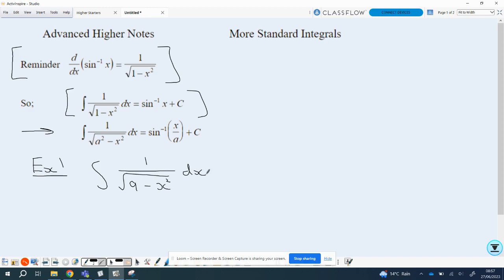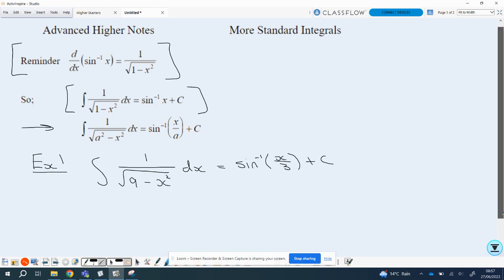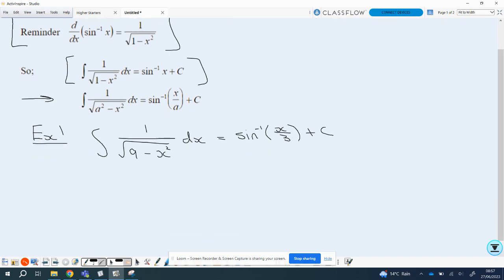So the rule is going to give sine inverse x. Now my a value is going to be 3, because 3 squared will give me 9. So I get the sine inverse of x over 3 plus c. So just simply use my rule, noticing that my a value had to be the value 3. Okay, so that's the first example.